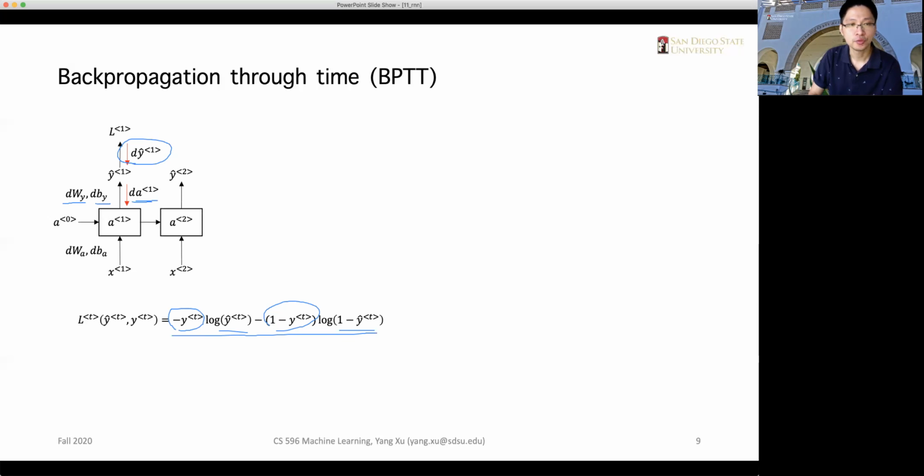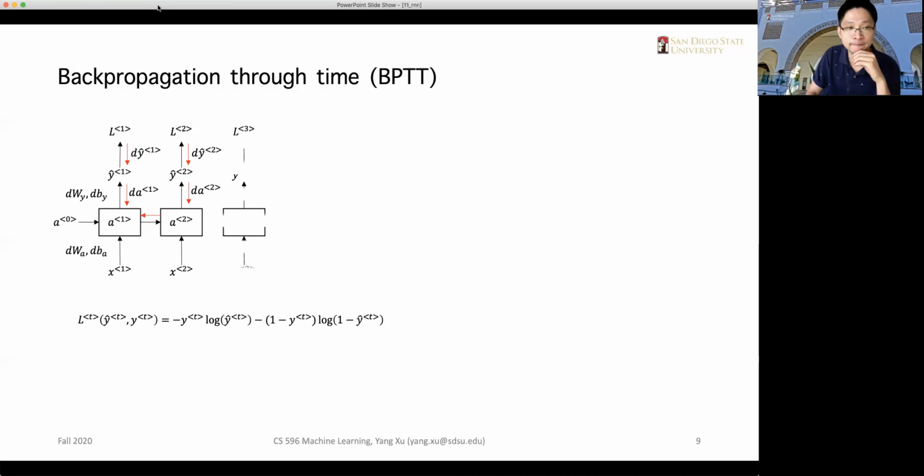So A2 is used to compute y hat 2, and y hat 2 will also generate some loss L2. L2 will be used to compute the gradients for y hat 2, and then for A2. But since A1 is used in the computation of A2, the gradients for A2 will backprop to A1 as well. Okay, so part of the gradients will backprop back to A1.